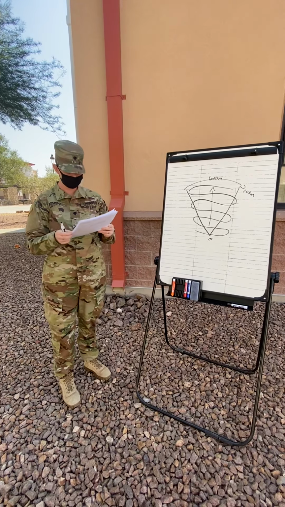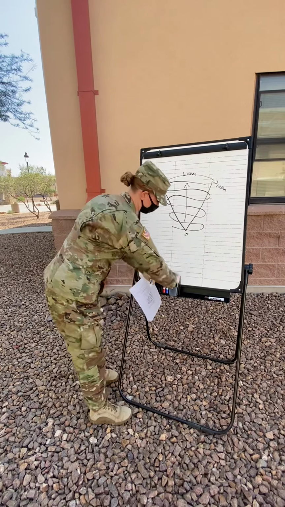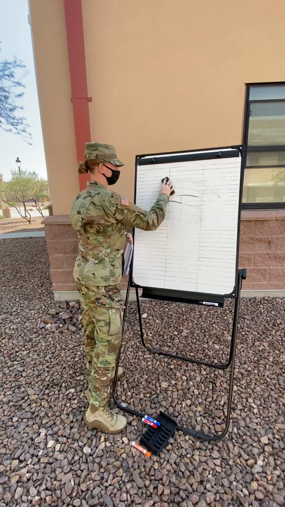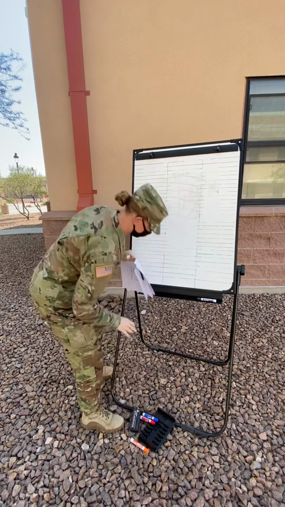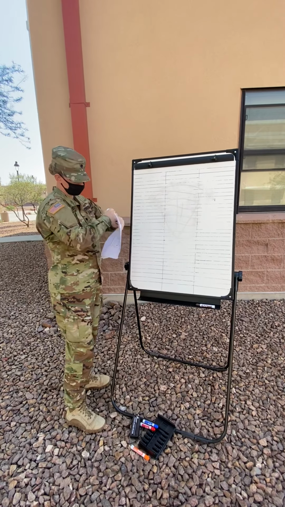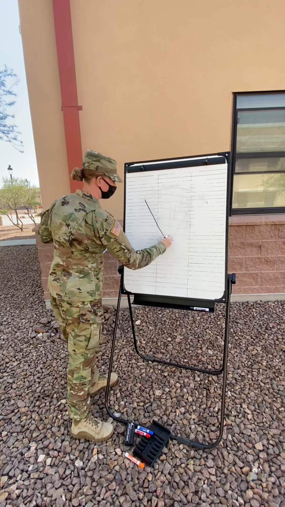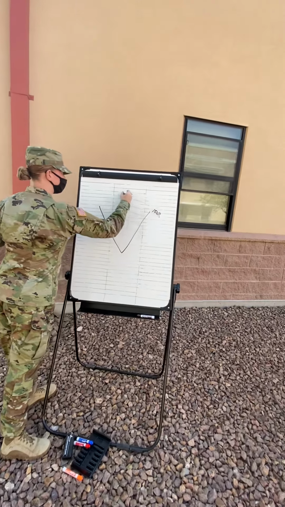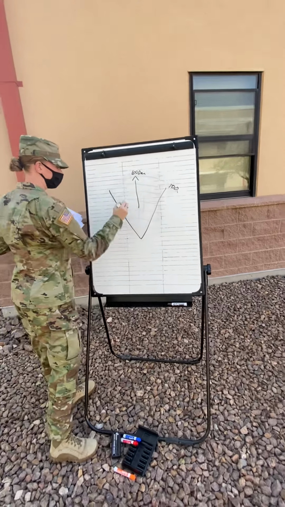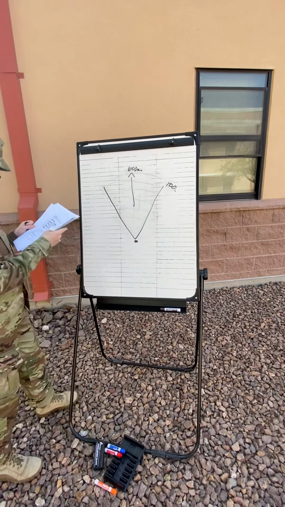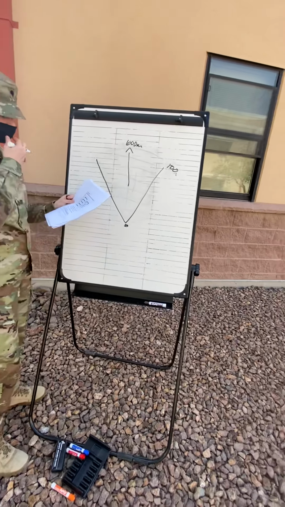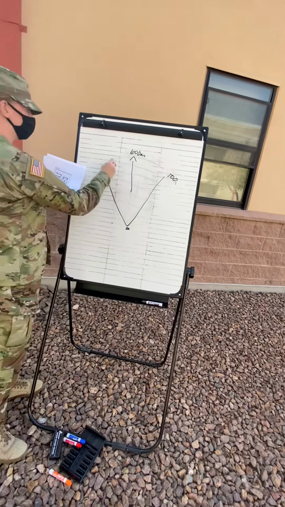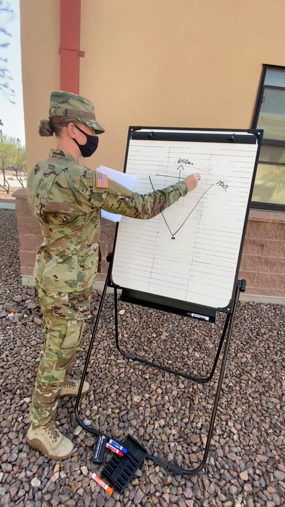For the night scanning patterns, it's going to be a little bit different. Again, you're going to have your sector of 100 to 600 meters out. Now for this, it actually gives you certain seconds. So what you want to do is start from back here and move slow.